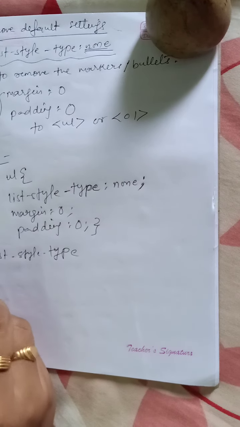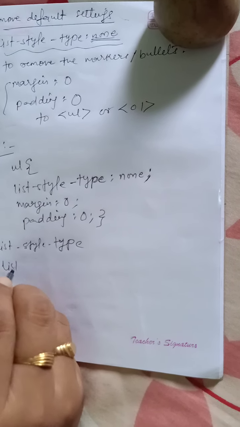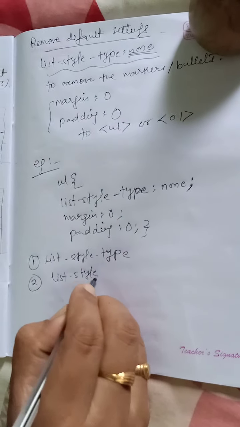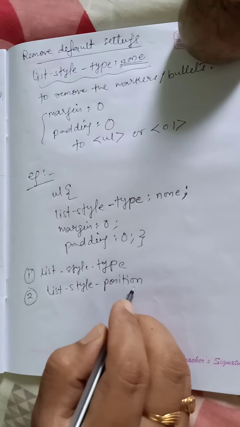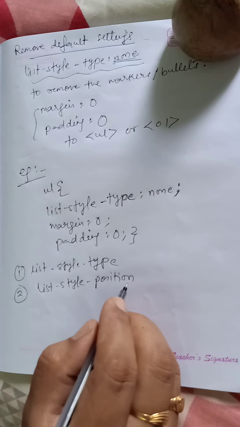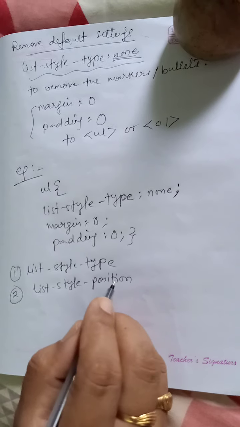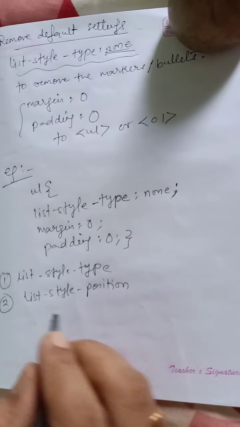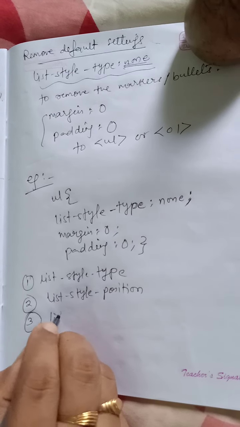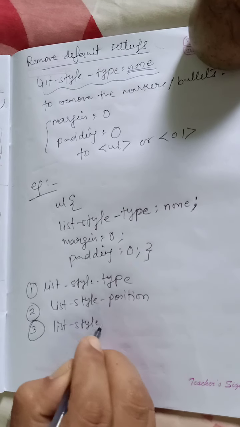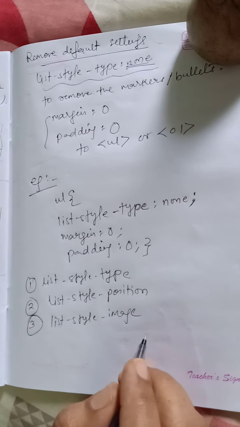Okay, then second is list style position. So this specifies whether the list item markers should appear inside or outside the content flow. Third is list style image.